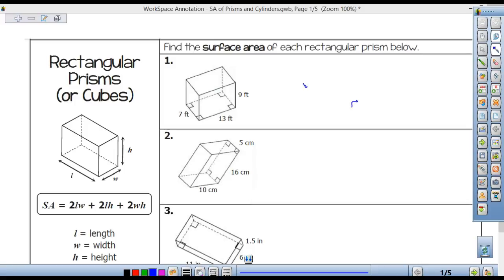Tomorrow, we're going to do surface area of pyramids and cones. We're going to review those things on Wednesday. And then on Thursday, we will take one last quiz before the end of the quarter. Quarter ends on Friday. That's still last week, everybody.